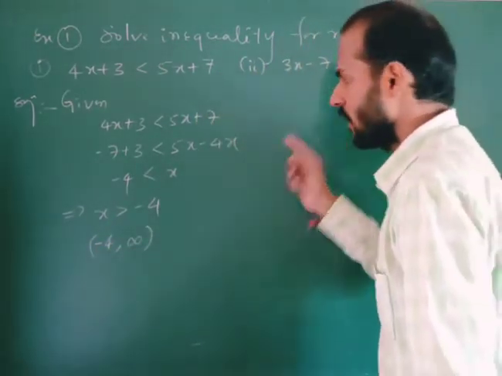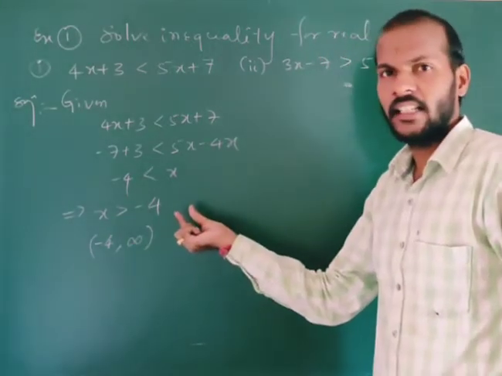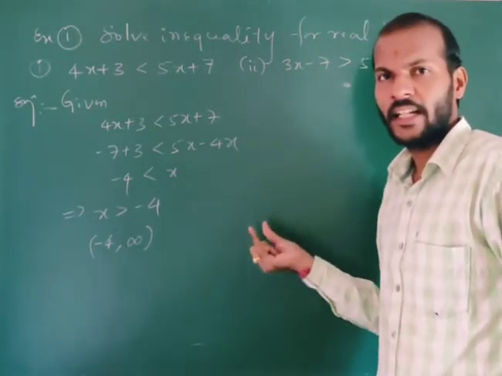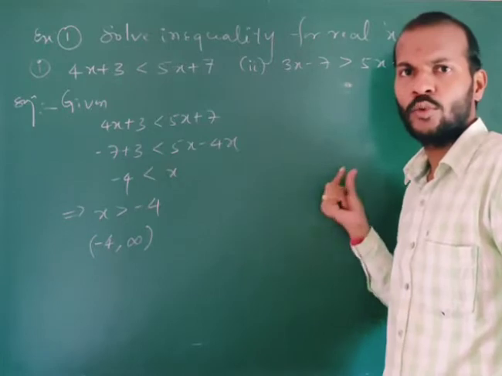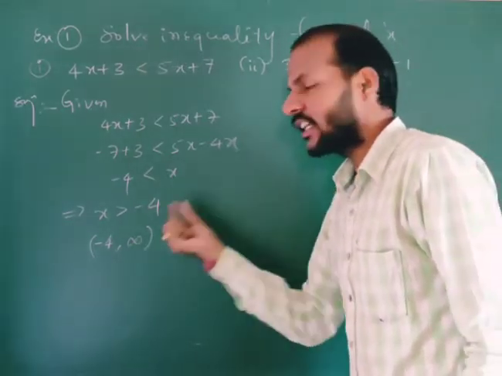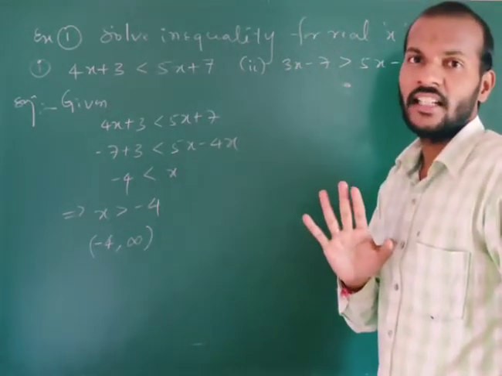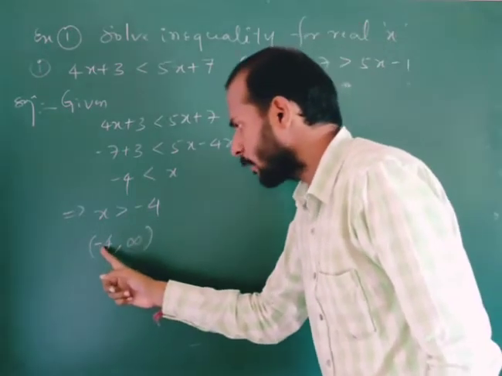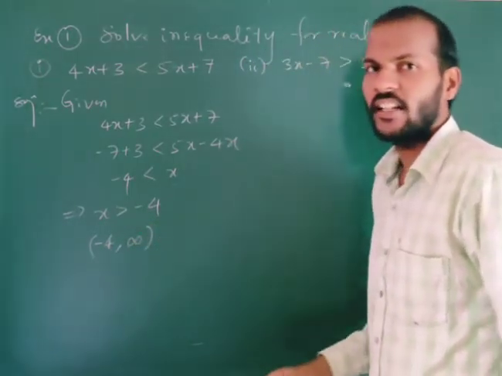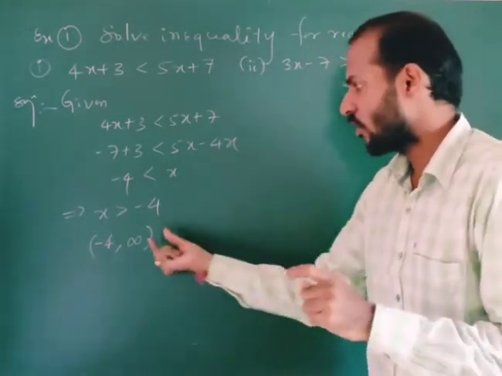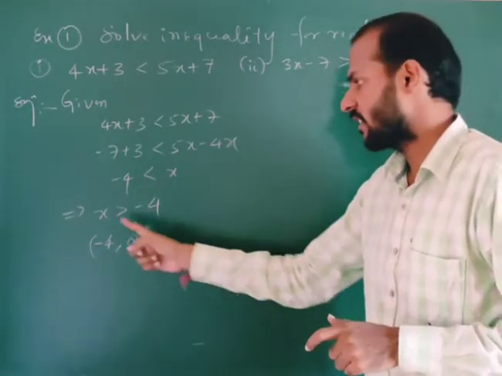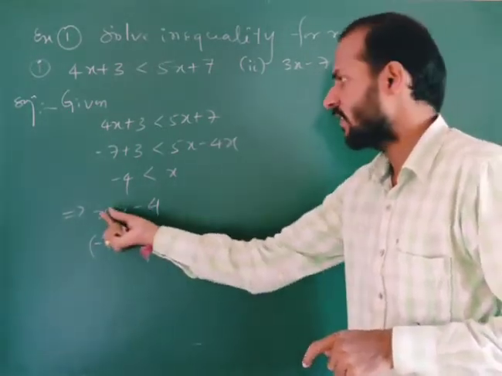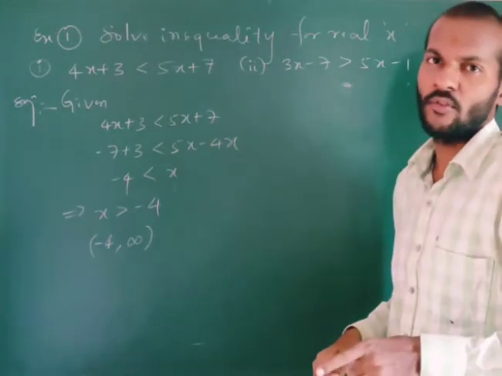Greater than minus 4 means what we get? Minus 3, minus 2, minus 1, 0, 1, 2, 3, and so on up to infinity, but not infinity. Excluding minus 4 and infinity, the values between minus 4 and infinity we get in this interval, that is x is greater than minus 4, right?